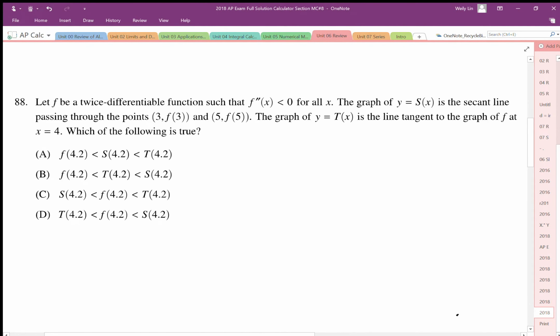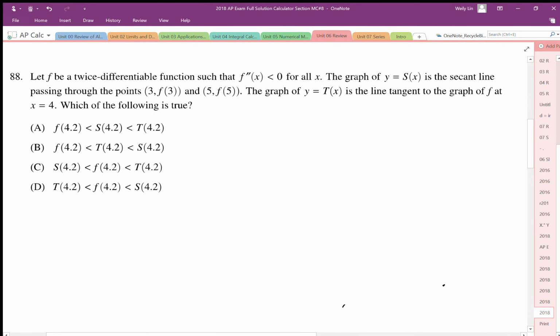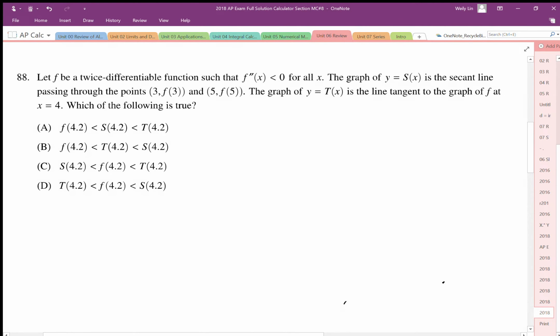For question number 88, it says f is a twice differentiable function such that the second derivative is less than 0 for all x. The graph of y equals s of x is a secant line passing through the points (3, f of 3) and (5, f of 5), and t is a tangent line to the graph at x equals 4.